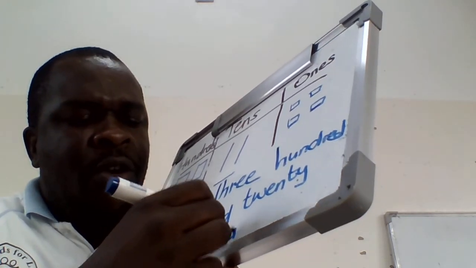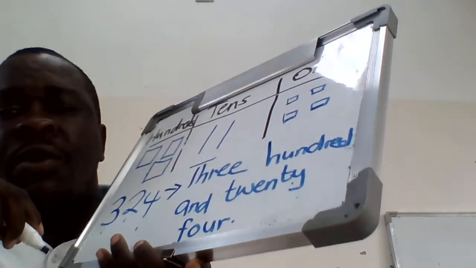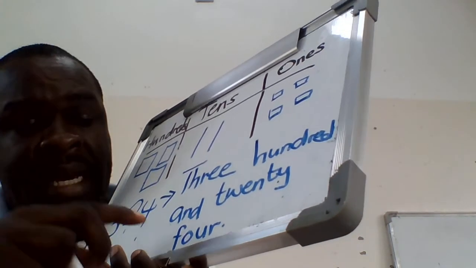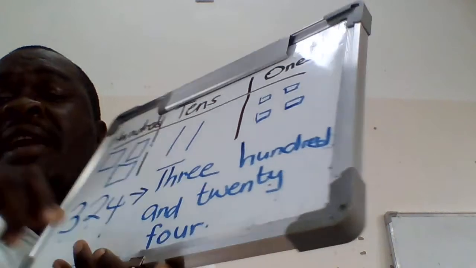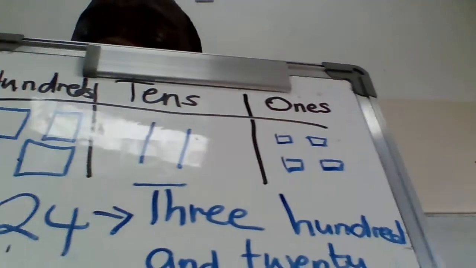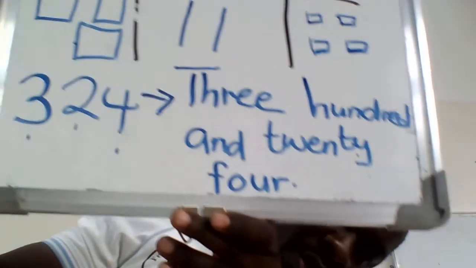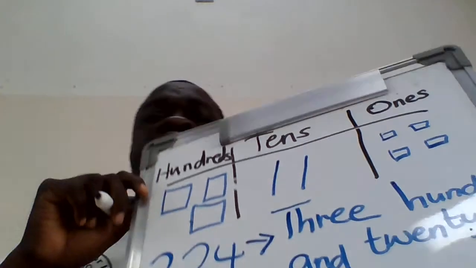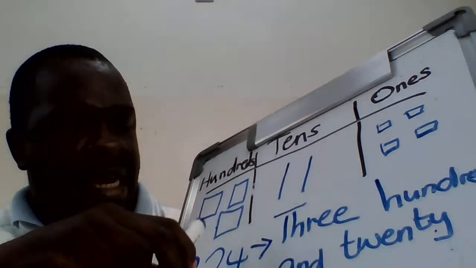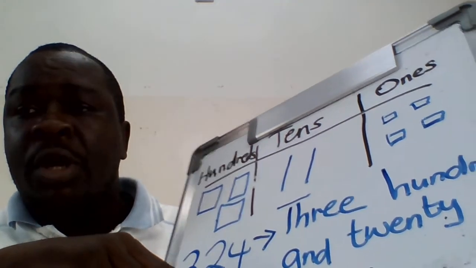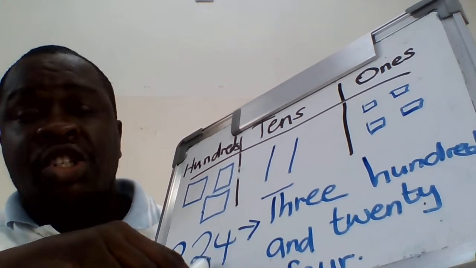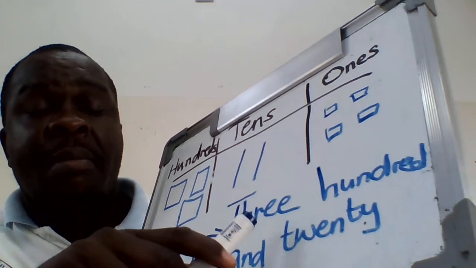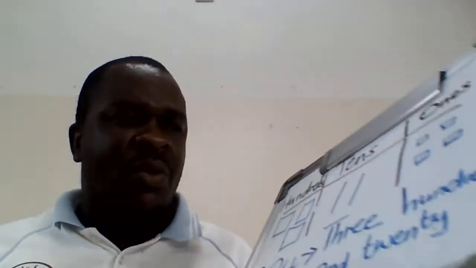Write for me four nicely. Four, not F-O-R. It's F-O-U-R. 324. You need to be able to write the number in digits, and also you need to be able to write the number in words.